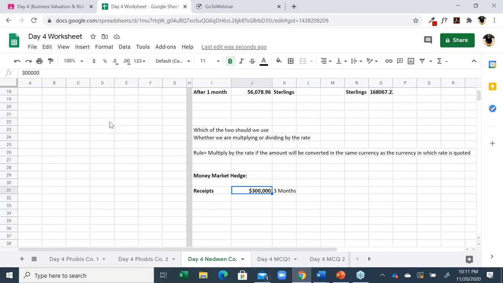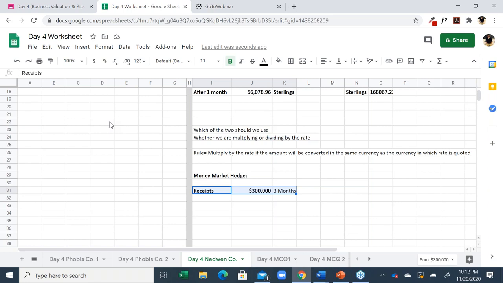And we want to use money market to be sure today what we are going to get in 3 months time. Okay, what should we do? Since we know that we are going to receive $300,000 after 3 months, if we need this amount today, what do we have to do?